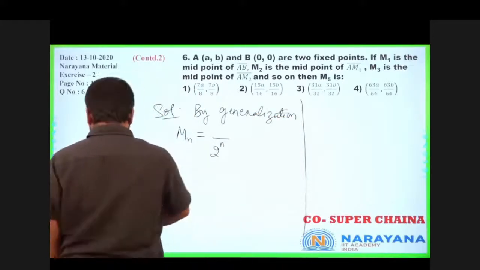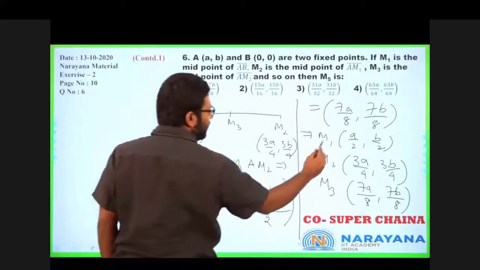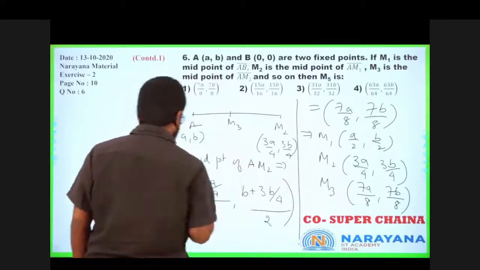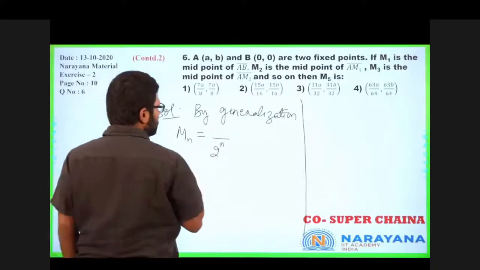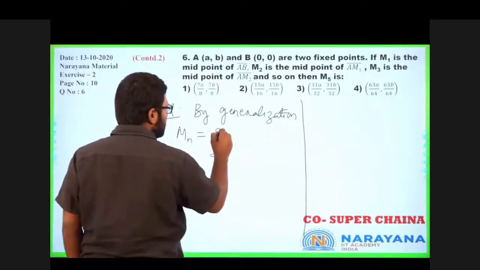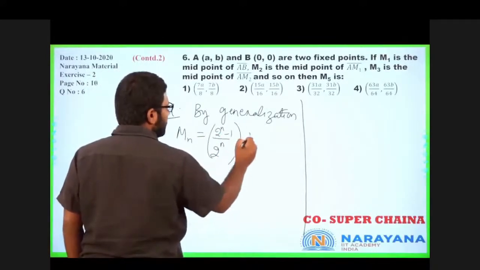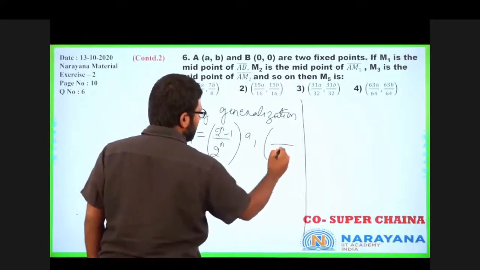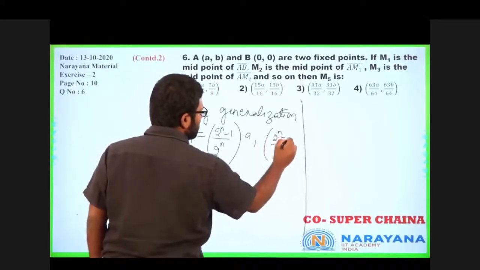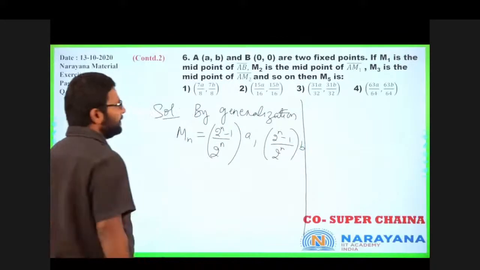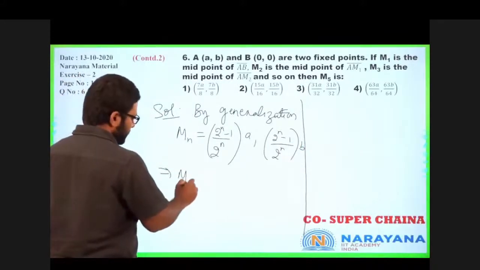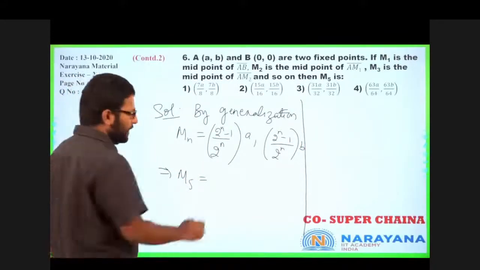In the denominator I will have 2 raised to n. Can you see that? In the denominator 2 raised to 1, 2 raised to 2, 2 raised to 3. So 2 raised to n. And here 1 less than that times a, comma same number times b, right?